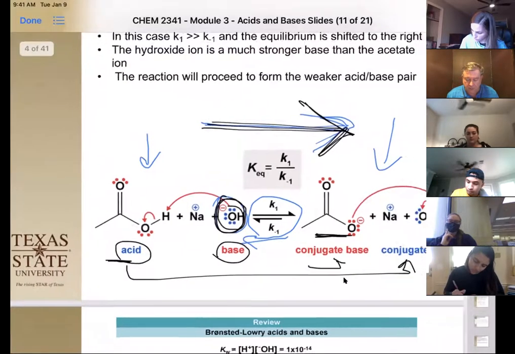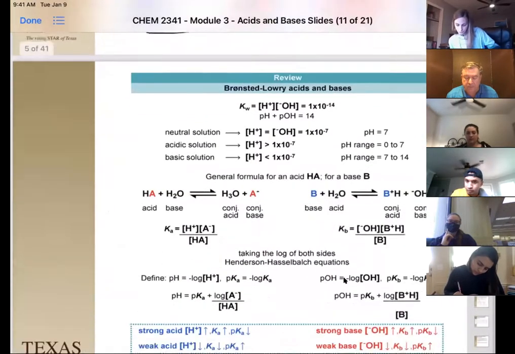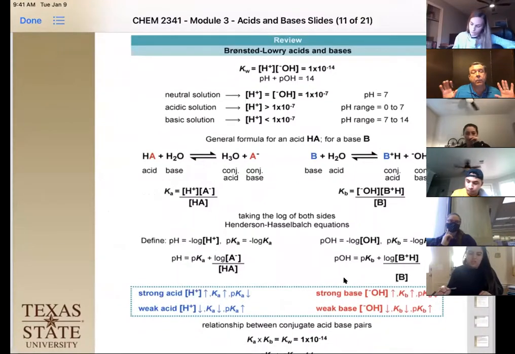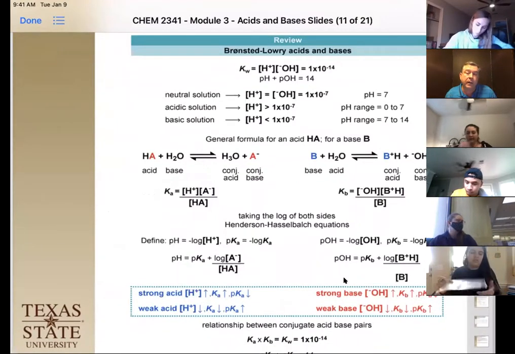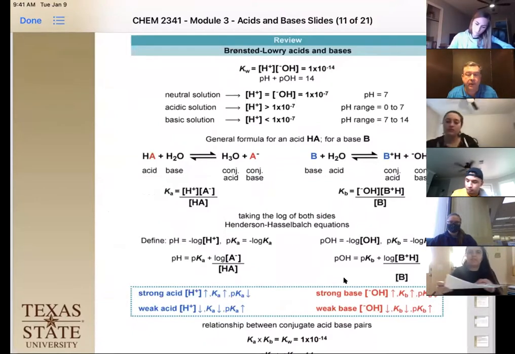Okay, so let's talk about that a little bit in the function of, like, when we did water-based acids and bases, we talked about pKa's, and we talked about the pH of the solution. The pH of the solution is the log of the equilibrium constant between the hydronium ion and the hydroxide ion, right?